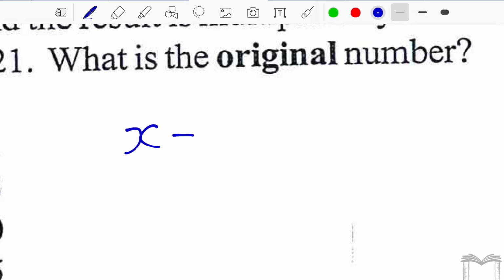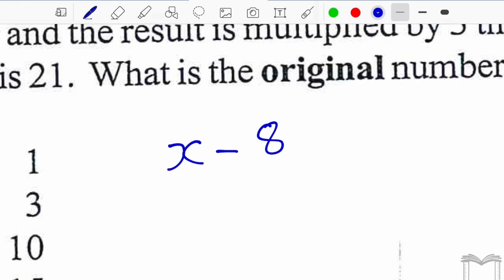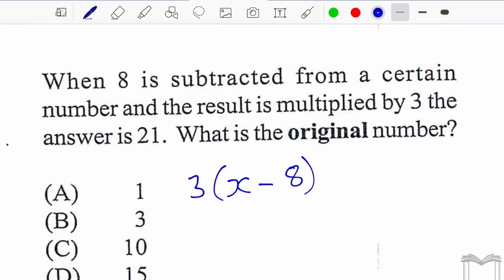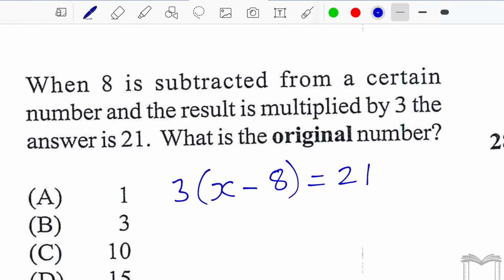So 8 is subtracted from that unknown number, so that's x minus 8. And the result is multiplied by 3. So this answer here is multiplied by 3. The answer is equal to 21. So let's put equal to 21.